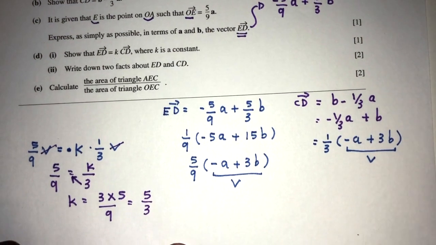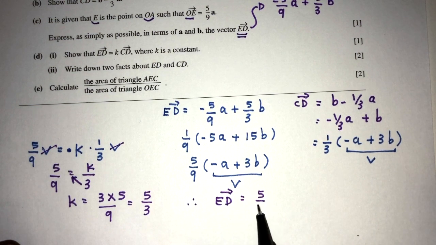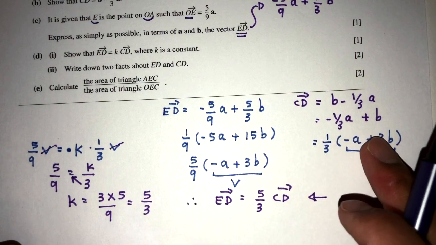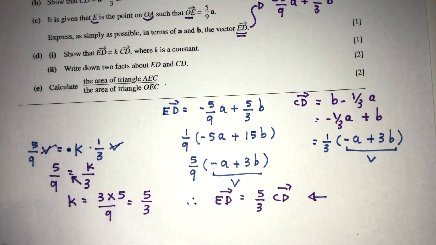So finally, we conclude that ED is 5 over 3 of CD. So the goal here is to find the value of K by trying to make this become the same and then replace back in the equation so they can cancel out, and then we can find the value of K step by step.